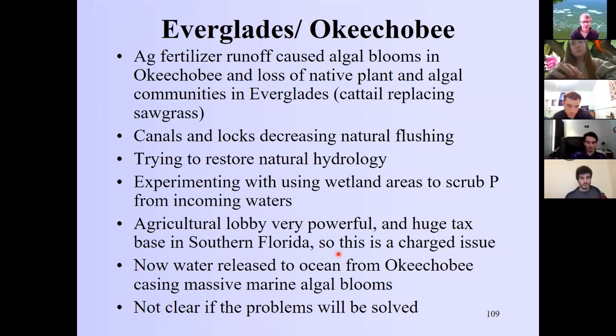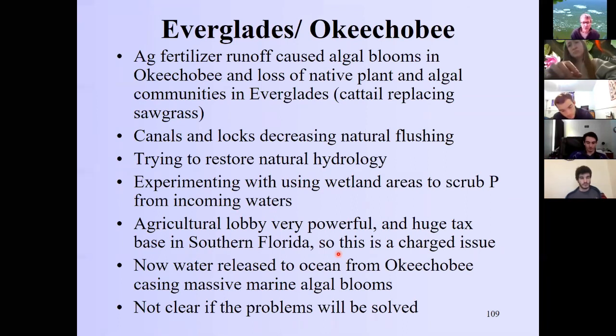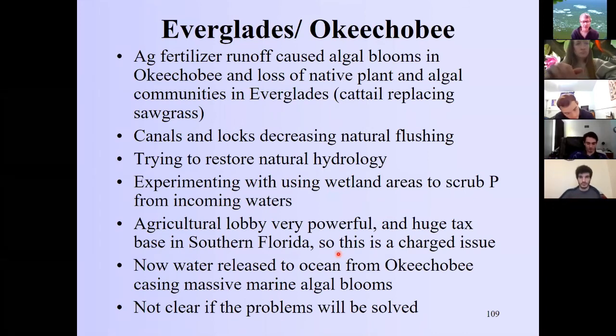And we've talked about the hydrology, trying to restore the hydrology of the Everglades and Okeechobee. And the canals and locks are decreasing the natural flushing through the system. So the attempts to try to restore natural hydrology, you can go back to the wetland chapter where we talk about this. And what they're doing is they've got these wetland areas that they're going to sacrifice that will take the phosphorus out of the water before it gets into the restored Everglades.